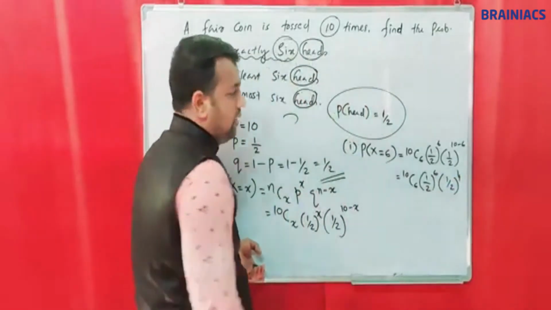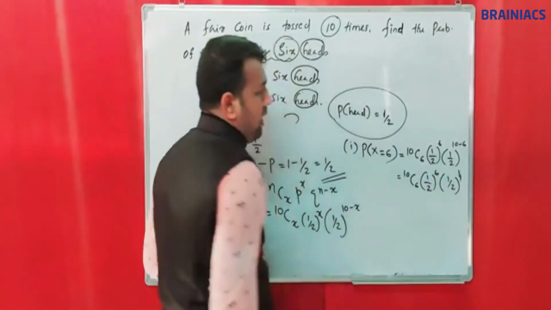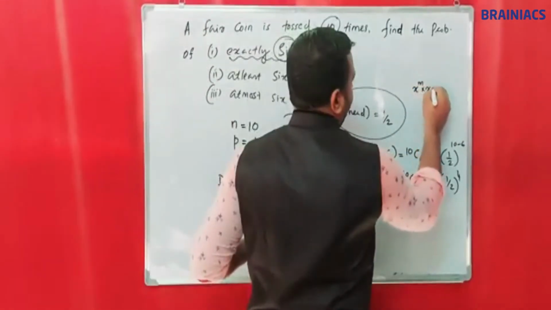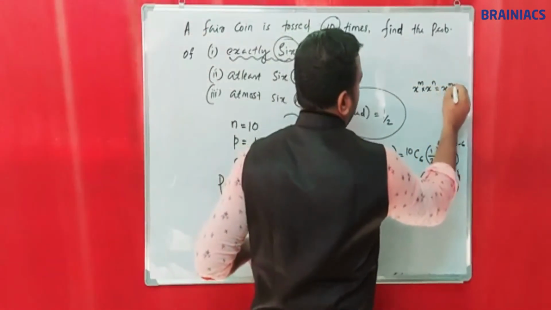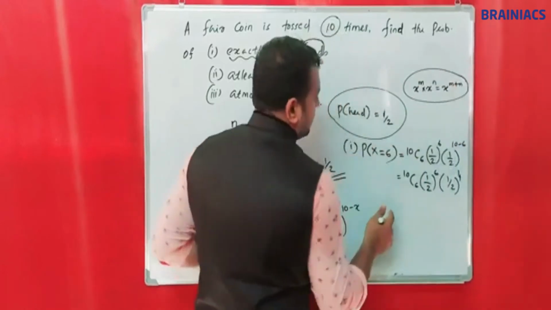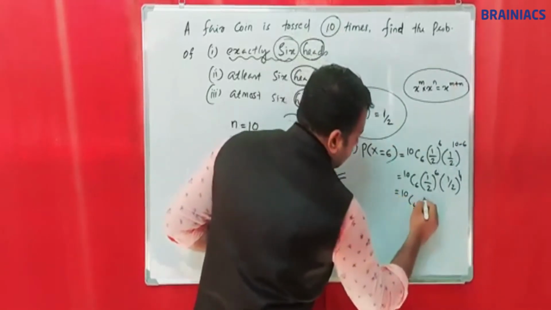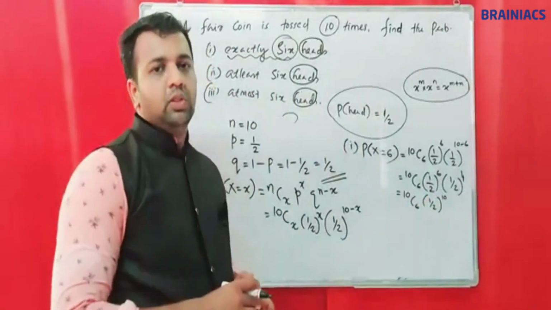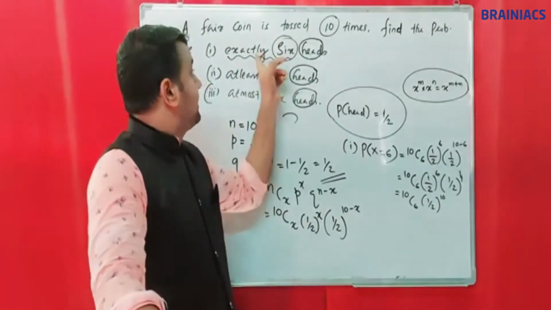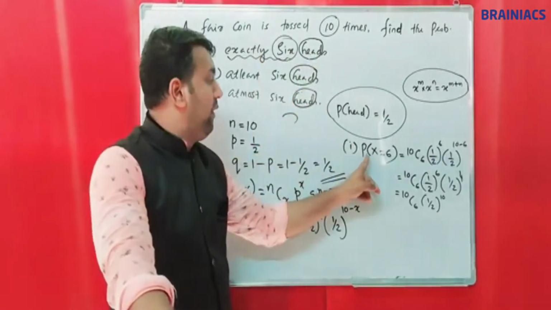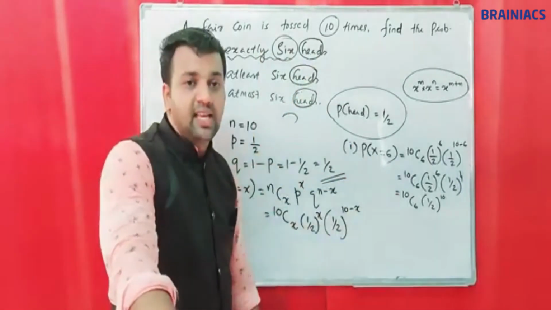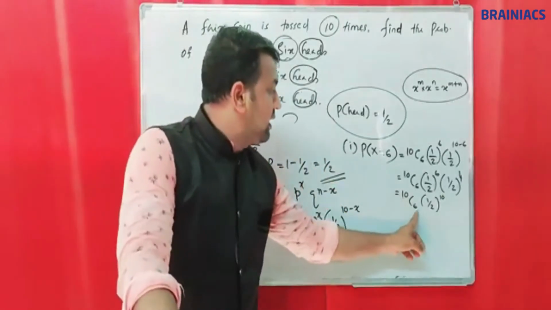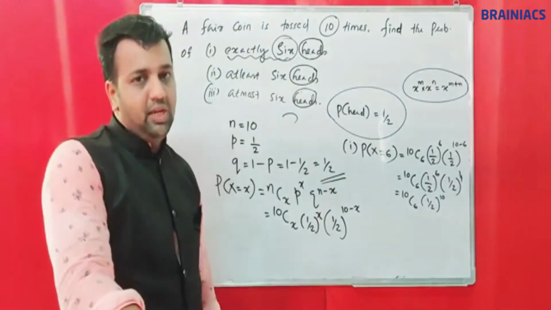This can be calculated by the rule x raised to m into x raised to n is equal to x raised to m plus n. So we get 10C6, 1 by 2 raised to 10. The probability of getting exactly 6 sets by binomial distribution is 10C6, 1 by 2 raised to 10.